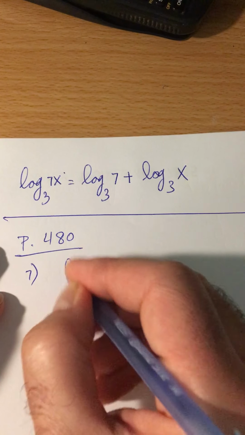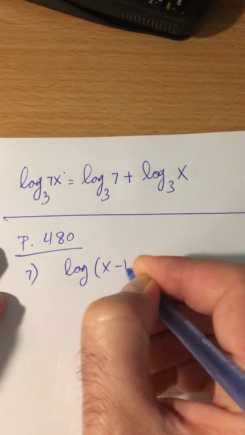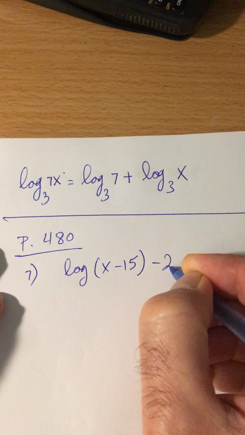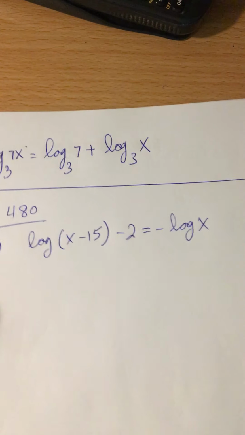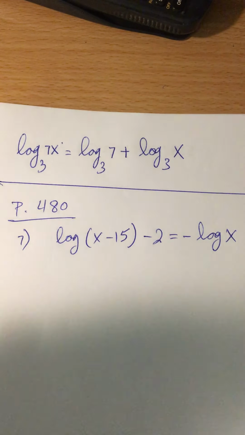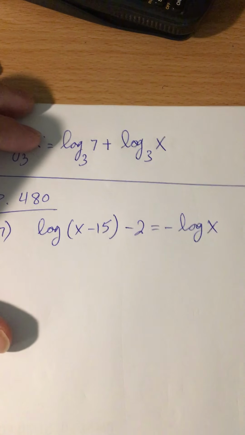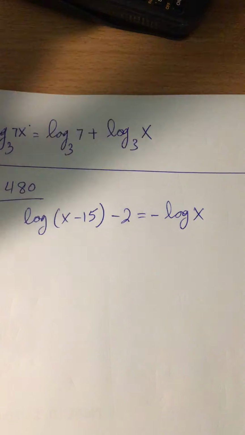We have log of x minus 15, minus 2, equals negative log of x. We're going to use the properties of logarithms to solve these equations for x.